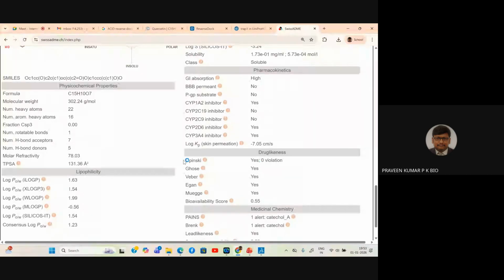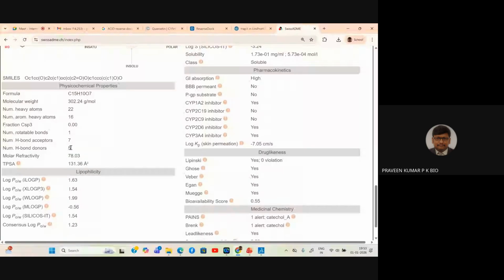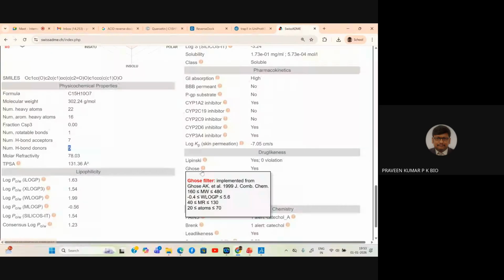So Lipinski has zero violation. Similarly, Ghose has different properties. The molecular weight should be between 160 and 480.